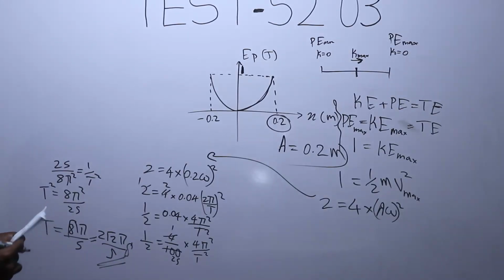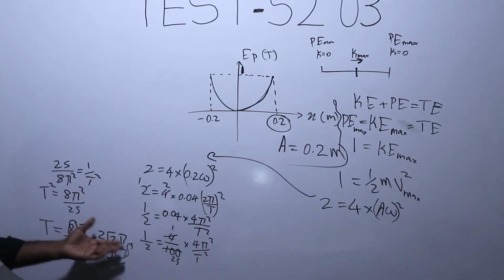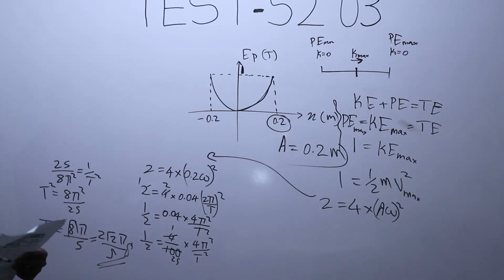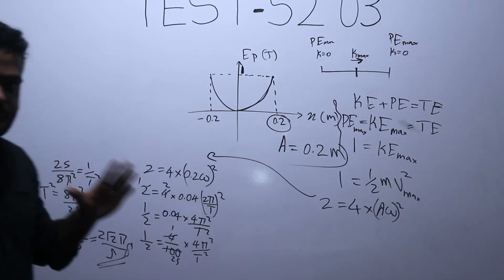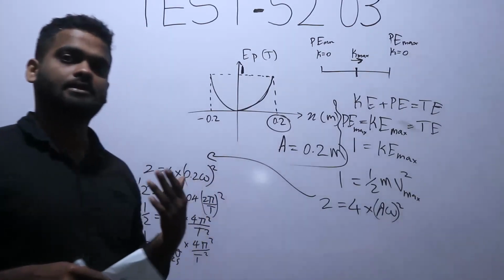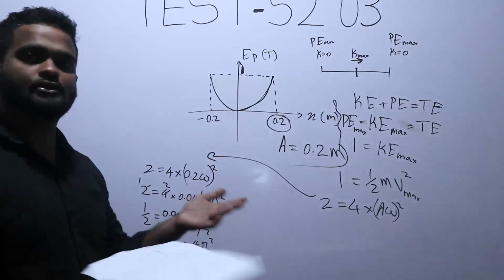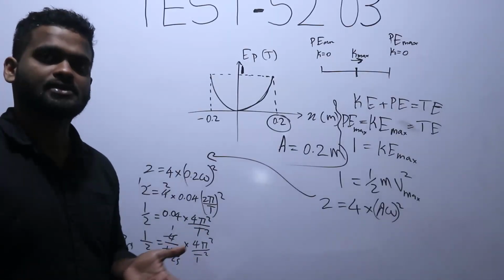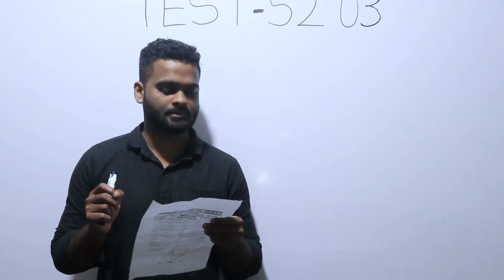So the answer should be the fifth one for the seventh question: 2 root 2 times 5 divided by 5 seconds. So there are some simplifications, but once you get used to these equations, it is not a complicated question.